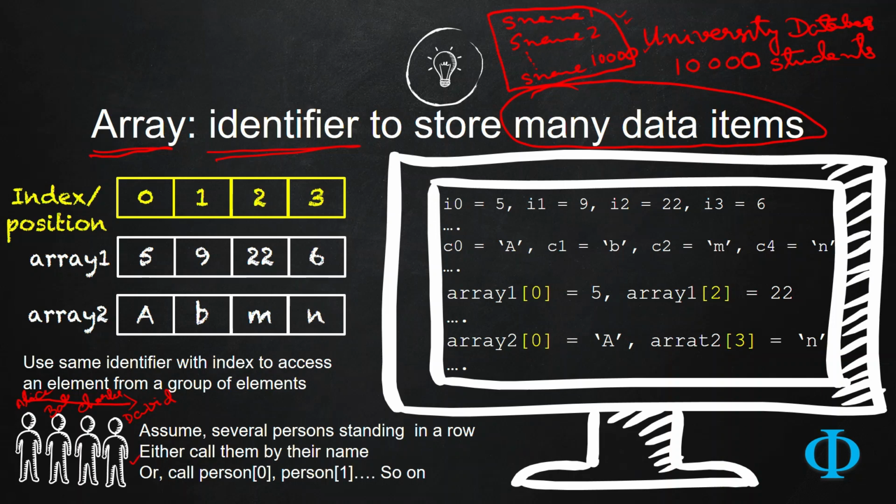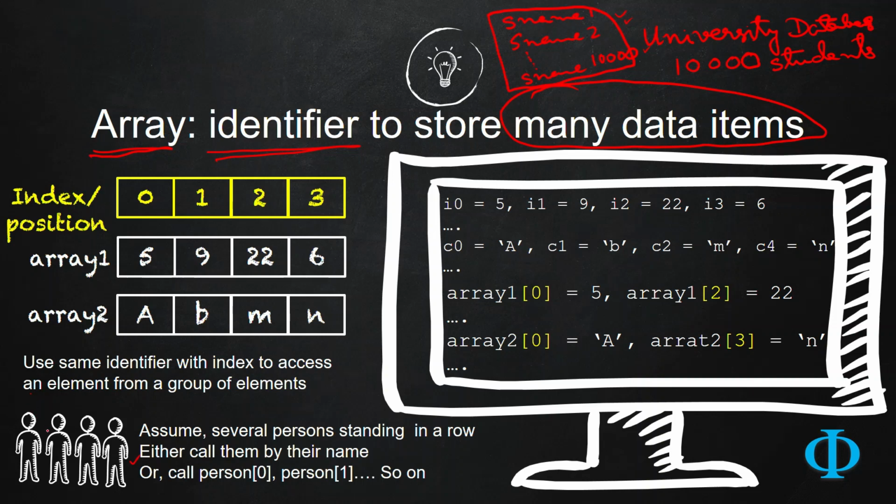And then there is a second option where instead of knowing any of their name, you just call them person 1, person 2, person 3, like that.